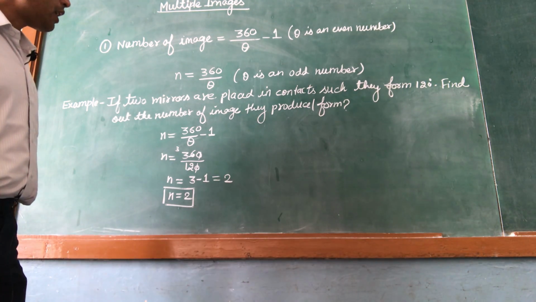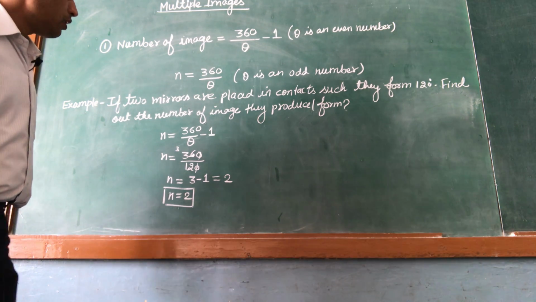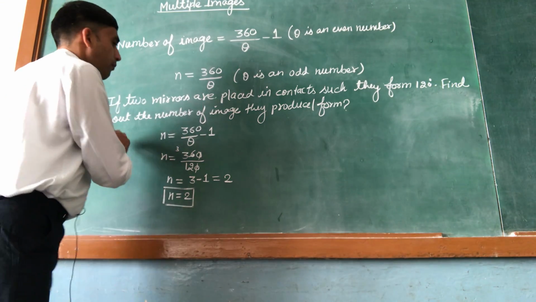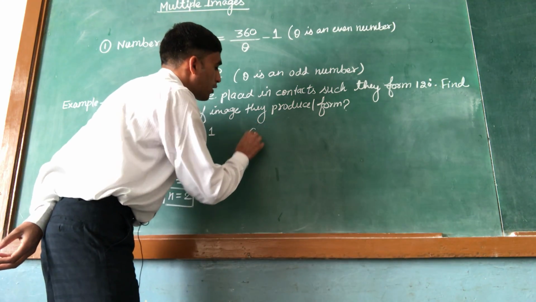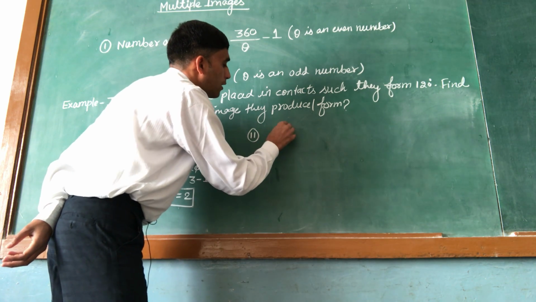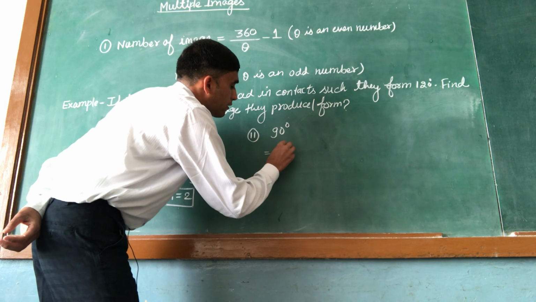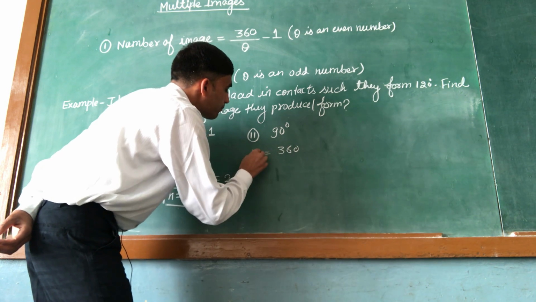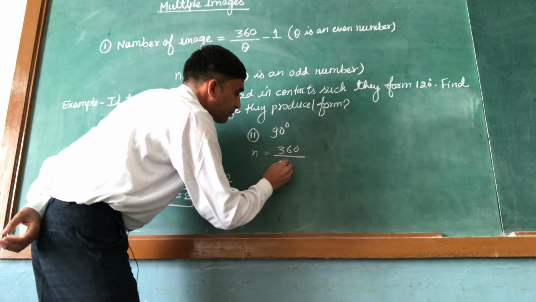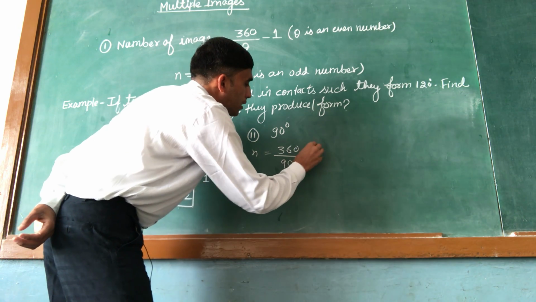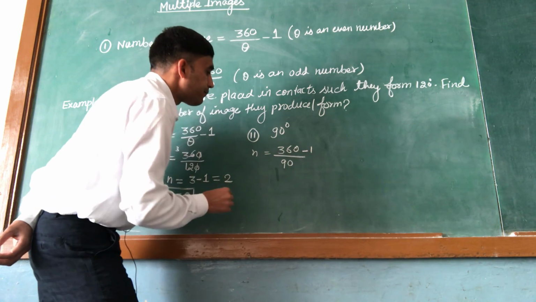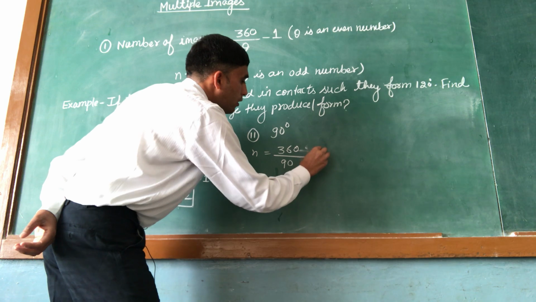Now you can take another example, if the angle is 90 degrees. In the case of a 90-degree angle, in such a condition again we apply the formula, that is n is equal to 360 upon 90 minus 1, again it is an even number, so minus 1.